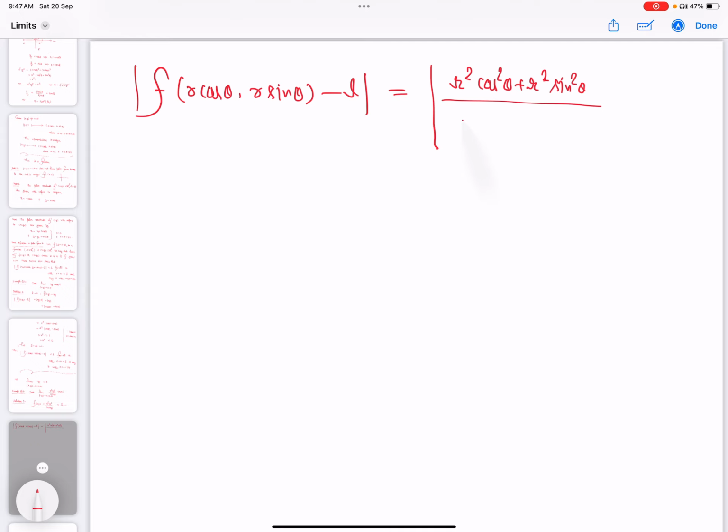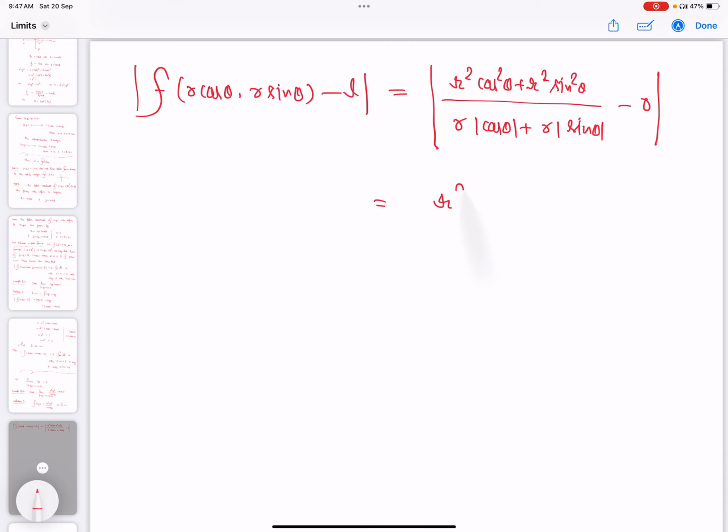So f(r cos theta, r sin theta) minus L is nothing but r square cos square theta plus r square sin square theta upon r mod cos theta plus r mod sin theta, minus 0.